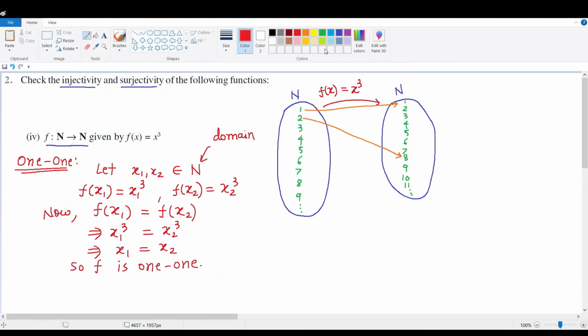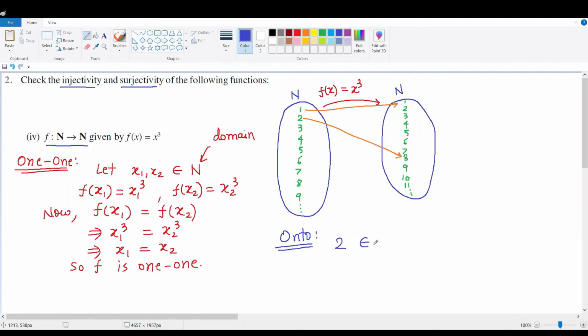Now we need to show onto. We won't have to prove it this way, because this function is not onto. When it is not onto, you just need to show a counter example. Here, 2 is not occupied. 2 doesn't have a pre-image in this domain. So we say that 2 belongs to N, we don't need to say let because 2 is already there.